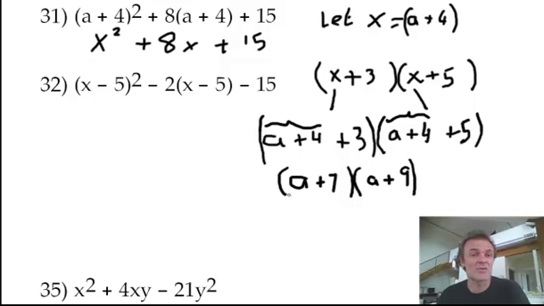Very quickly, if you had to do 32, I know there's an x there already. I'm going to say let y equal x minus 5. Maybe I should call it y this time.